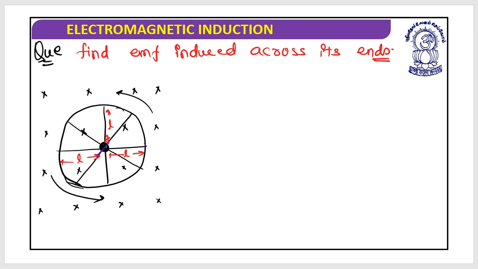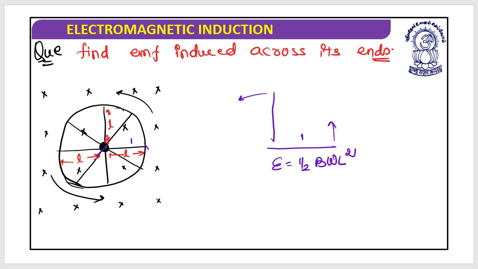Let's suppose this is the first rod. As this rod is moving in this direction, its EMF is 1 by 2 B omega L square. Same way, let's consider this rod, it is moving in this direction.